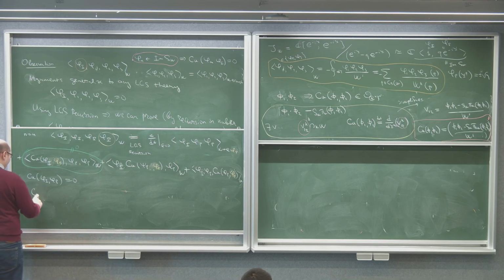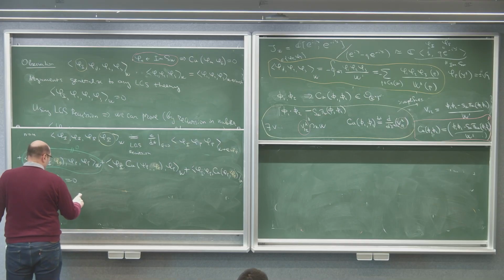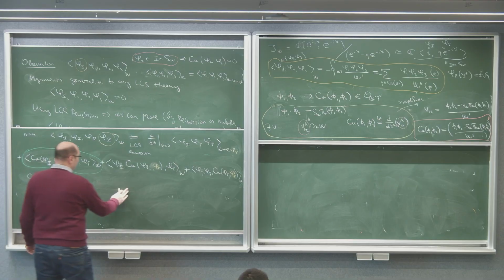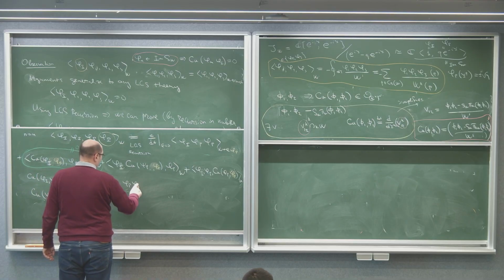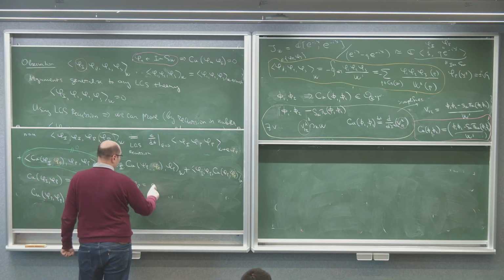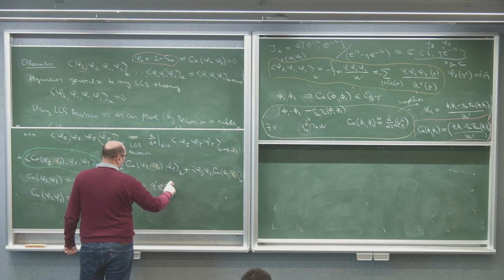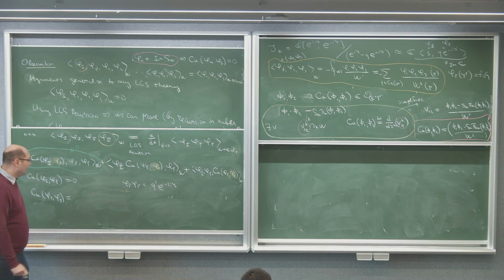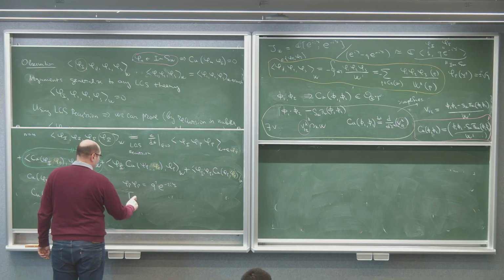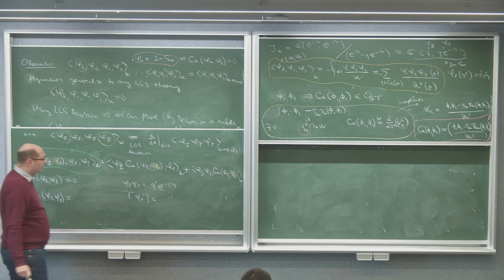So now we have contact terms C_W of phi p and phi p, and we need to compute it. Here we need to multiply phi p by phi p. So phi p times phi p is q squared e to the minus 2iy. So what is the class of this product in the Jacobi ring?